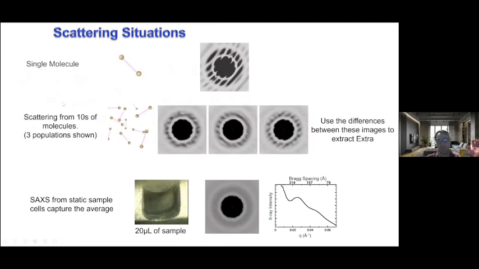So just to review, from a single molecule, let's say DNA with 2 gold balls attached, you get a lot of information. You get sort of a scattering from 2 spots there, and that gives you a nice grid. If you were to take just tens of molecules, like 10, and freeze them all at once, you still get some of this information. And if you were to just take a quick snapshot, you get something like this.